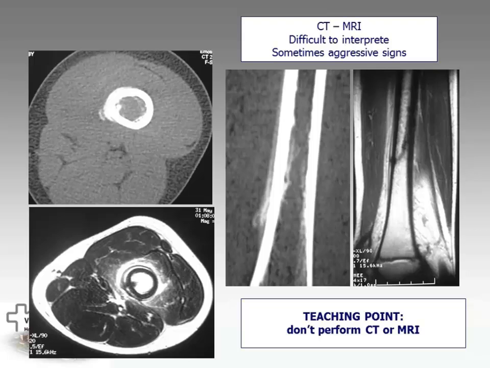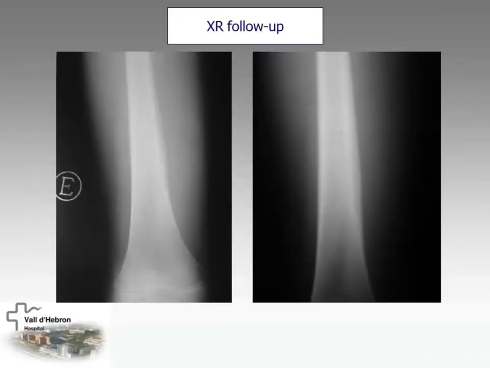The magnetic resonance was difficult to interpret, as was the CT, and they described aggressive signs. They performed a biopsy, and the pathologist had a lot of problems. The key point came 2 weeks later, when the X-ray follow-up showed that it was really a stress fracture.